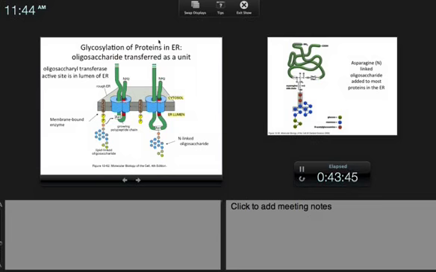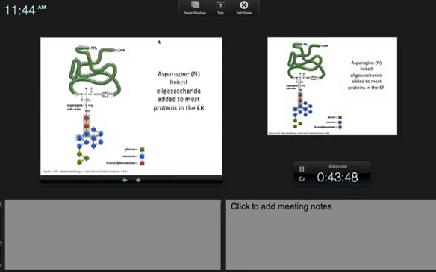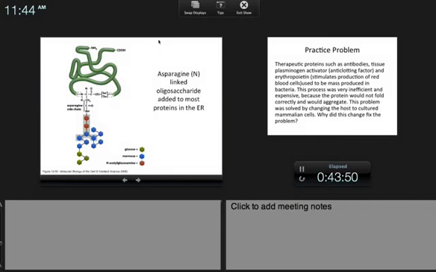So asparagine, and are you guys familiar with single letter code for amino acids? I want you all to look in your textbook, not right now, at some point, or on the internet, if you pull up an amino acid chart, you'll notice that it tells you the amino acid name, and then the abbreviation, like ASN for asparagine, and then it'll also have the single letter code.